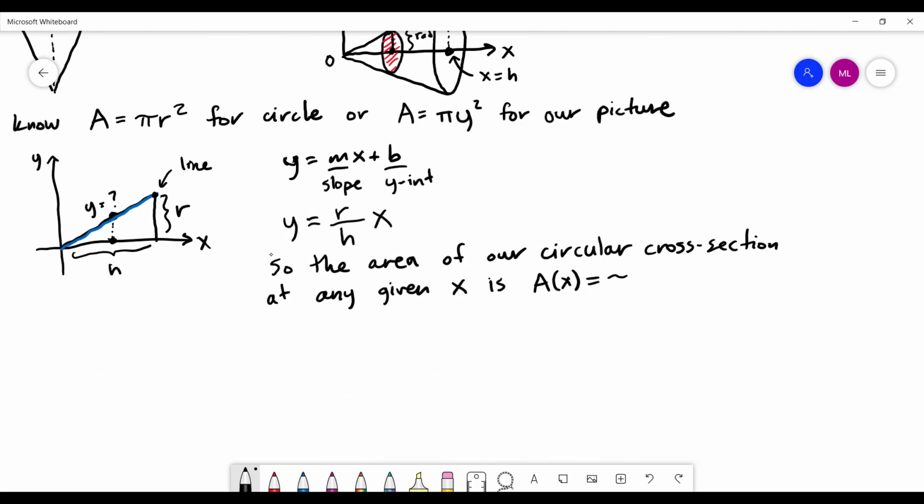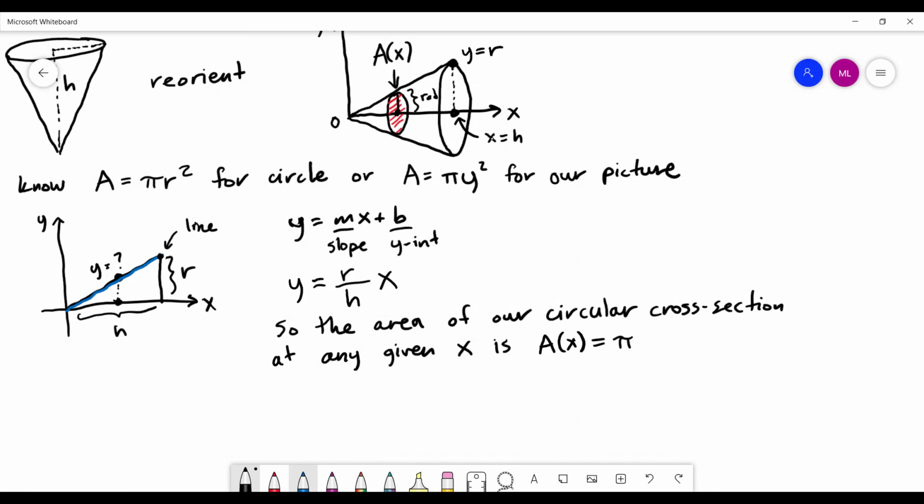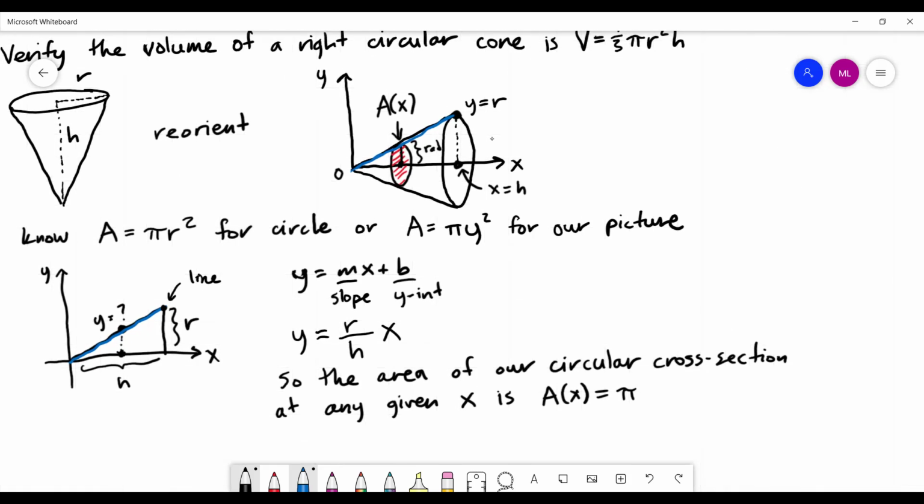Because it's a circular cross-section. So pi times the radius is just the y value, right? This is the height. Just to make it totally clear, the line that I drew in blue here is basically the same as the line in blue that I'm drawing on the cylinder up here.